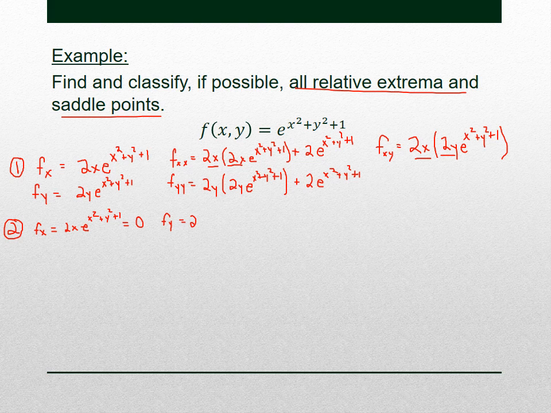We also want fy, which is 2y e to the x squared plus y squared plus 1, to be 0. Okay, so this looks a little bit different. It would be difficult here to solve for y and plug it into the other guy. It's going to be harder to isolate y all by itself because of the thing up in the exponent.